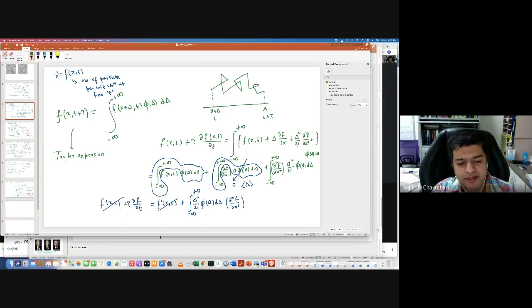Time is very tiny, so tau square is so small that you can neglect it. But this one you should not neglect, because it is the first non-zero term in your expansion. So you truncate here, and on the left hand side you truncate to linear in time. You can go up to t square, t cube, but these are negligibly small, so you can just ignore them.